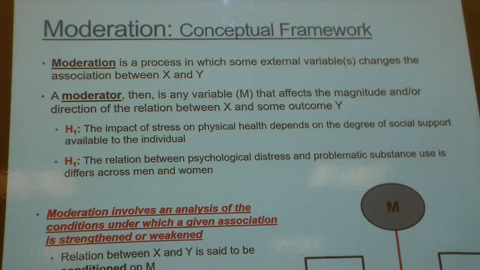So if you ask me, what's the relation between X and Y? I mean, I don't know. Tell me what level of this other variable we're talking about, because that's going to determine the relation between X and Y. At high levels of this third variable, I would expect a pretty strong relation. At low levels, I don't expect any relation at all, right?